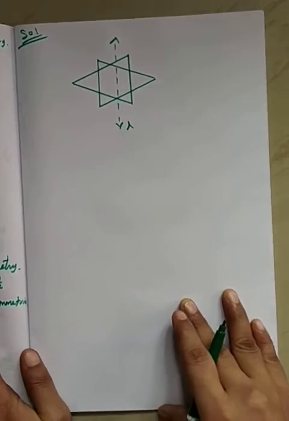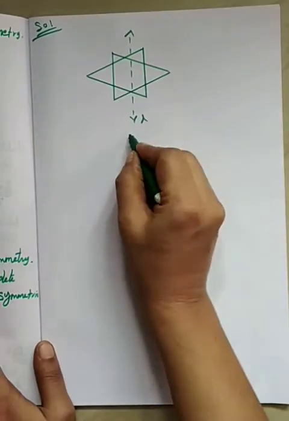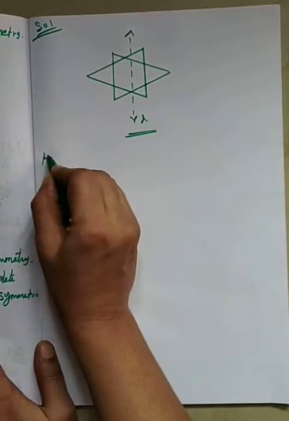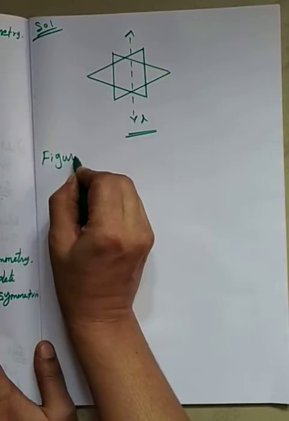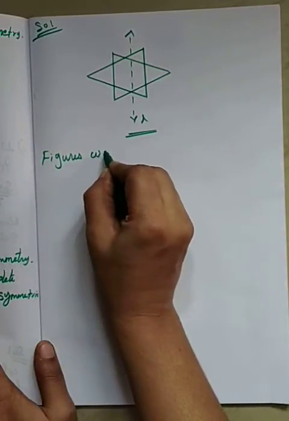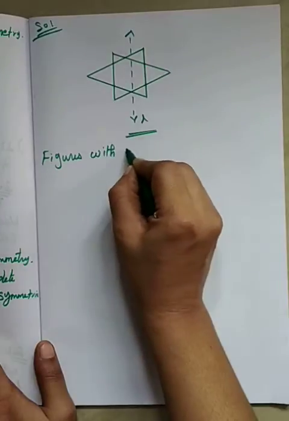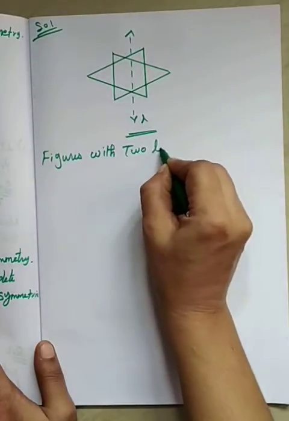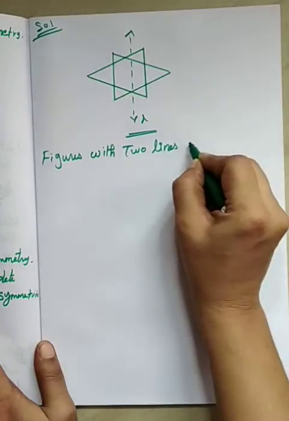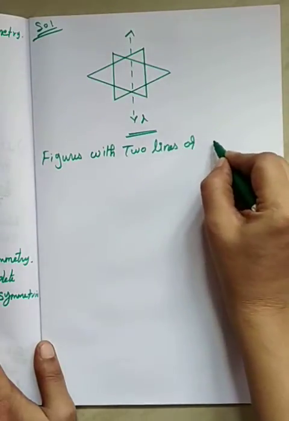See the next one. See here, figures with two lines of symmetry.